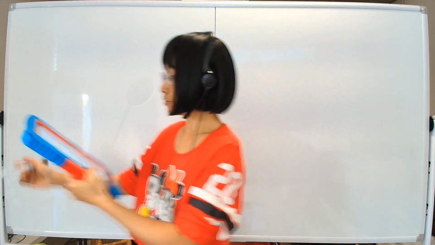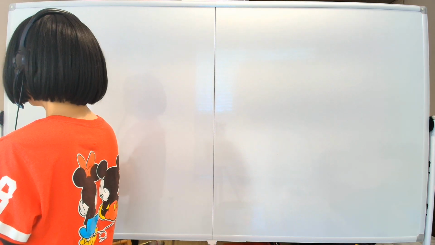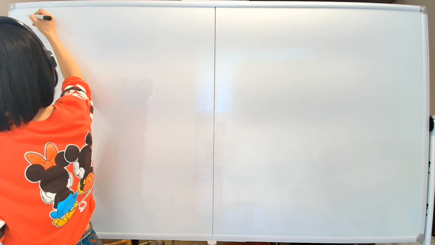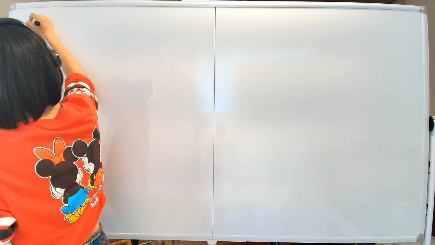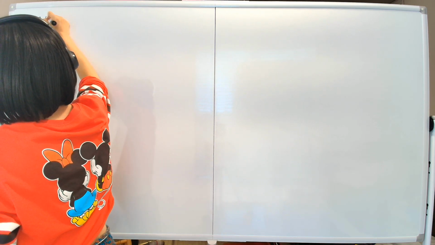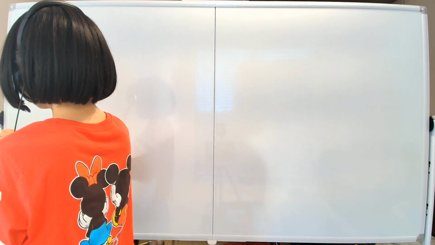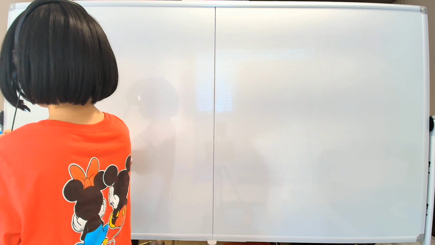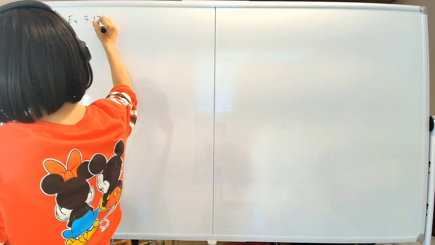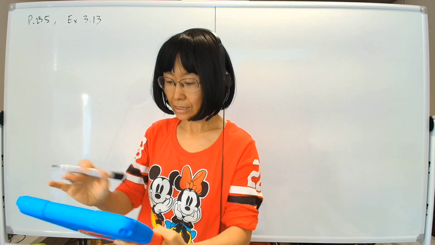So, let's look at some random function. This is example 3.13, and we are on page 235. All right, so look at the graph.